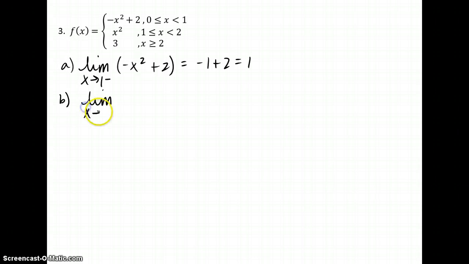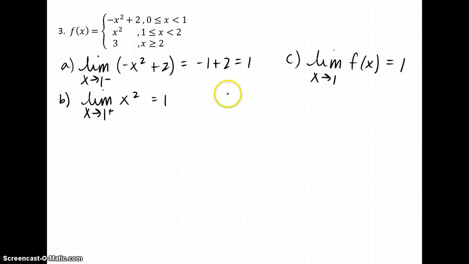The limit as x approaches 1 from the right-hand side, you would plug 1 into the x squared function and get a value of 1. Then for part C, what's the limit as x approaches 1 of the function? That would be equal to 1 because the one-sided limits are equal.